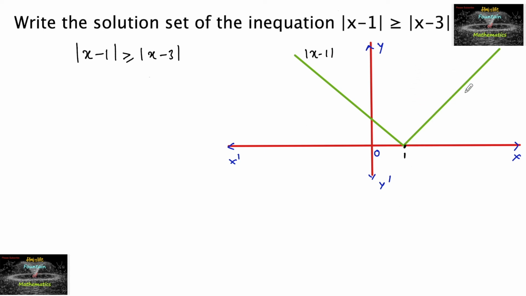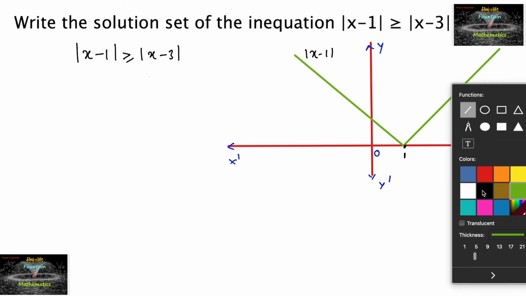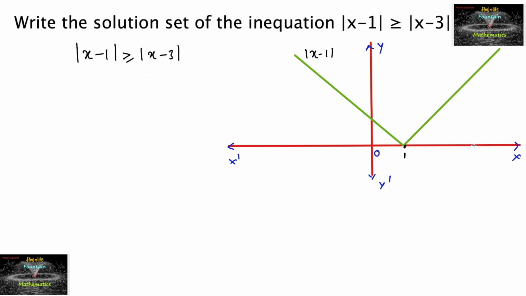And mod of x minus 3 can be taken. So this is the mod of x minus 3 graph, black color one.